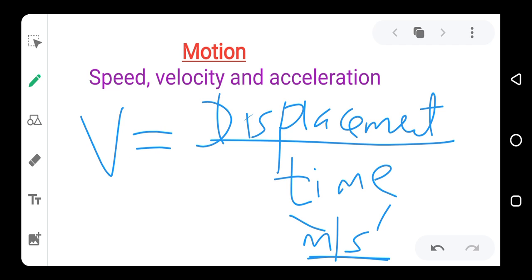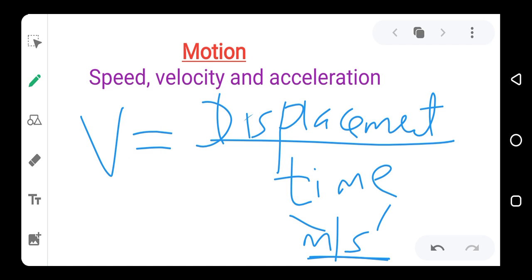Now, when we know the direction and we know the quantity of something we are considering, we call it a vector quantity. Like the velocity here, that we know the magnitude. The magnitude means the quantity of it. If you divide the displacement you have by time, you get a number, maybe 2, 4, or anything.